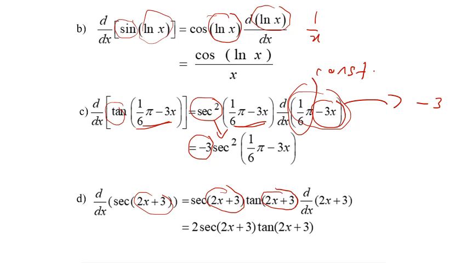So 2x plus 3 also here. And then later at the back we differentiate 2x plus 3 and we know it is 2. So we put 2 at the front here. So the final answer would be 2 secant(2x plus 3) tangent(2x plus 3). Okay?